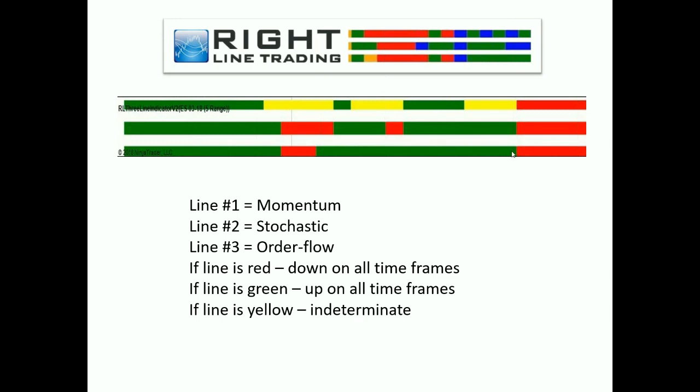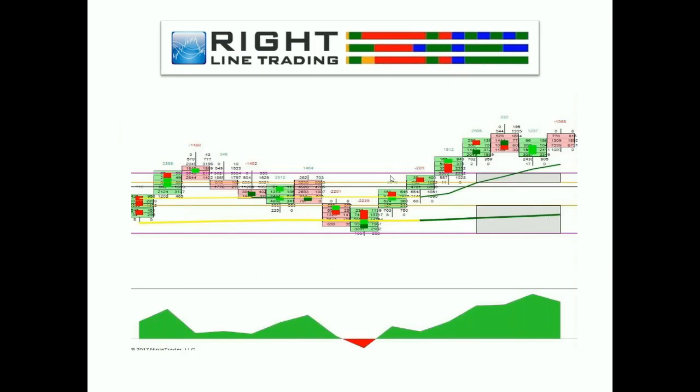And this looks at order flow on the 2 higher time frames. Then when these align, price is going to move in the direction of these 3 lines, whether they're 3 greens or 3 reds. And we're going to look at each individual line and how momentum, stochastic, and order flow are assessed. Now, first, let's take a look at order flow.